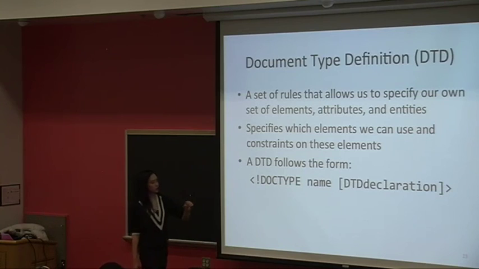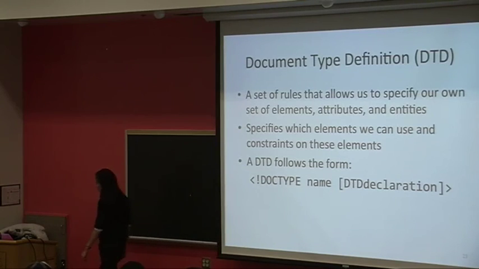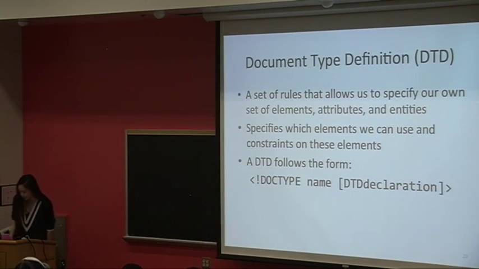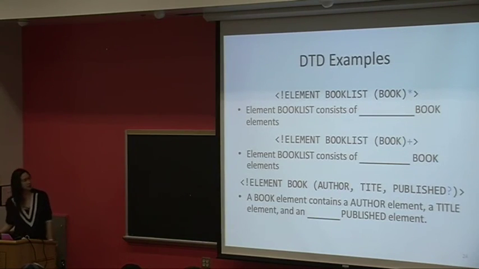So DTD follows this form. It will have a doctype, put the name, and tell you the rules. Here is an example. Here we have element booklist, and then we put parentheses around book, and we put a star after. Who's familiar with regular expressions? Oh, good, quite a lot of you.